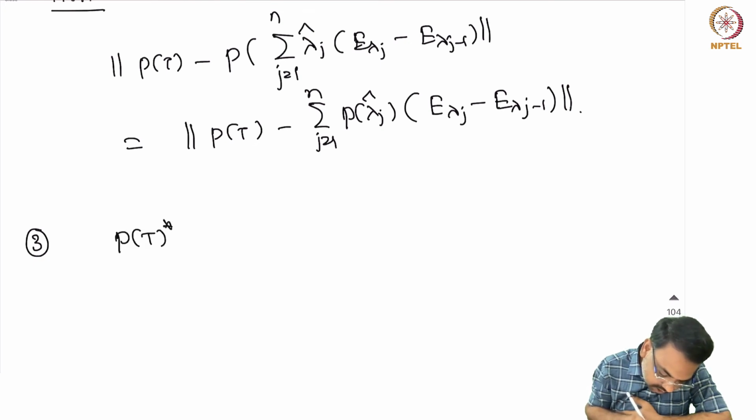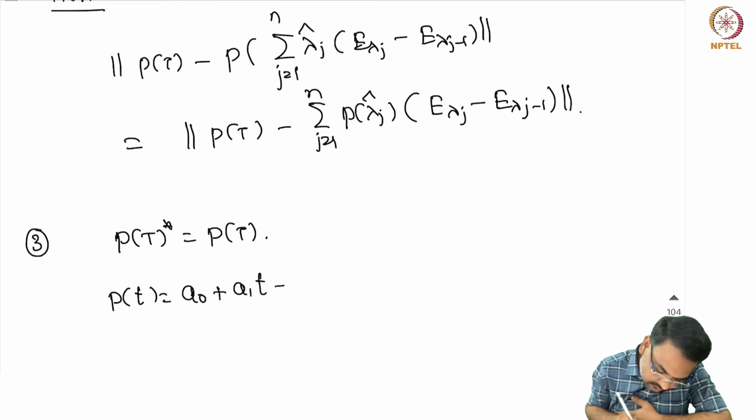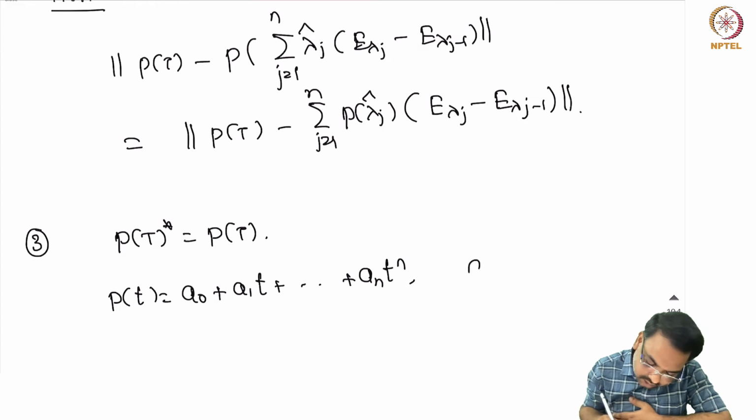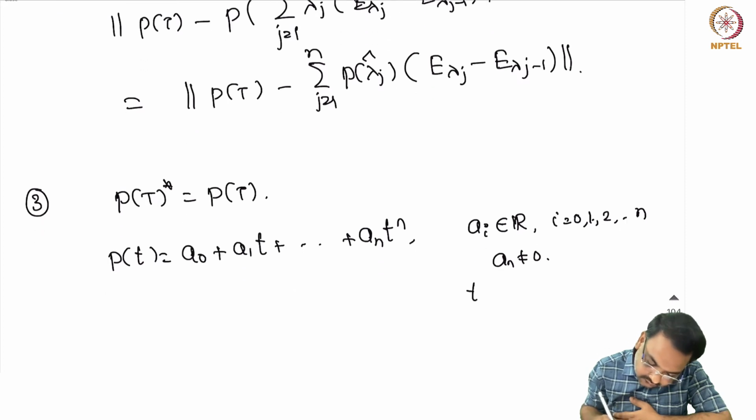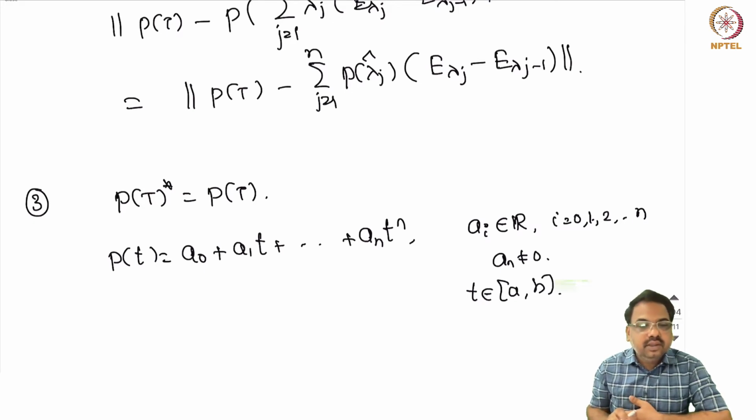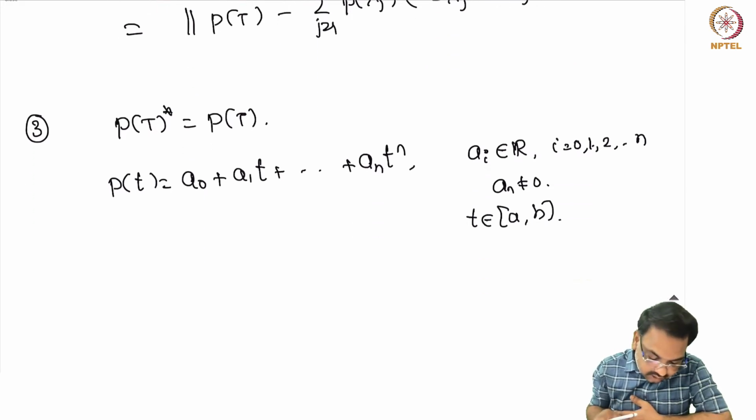This can be easily shown by the definition, because P of T is a0 plus a1 t plus up to an t power n, where these ai's are real numbers, i equal to 0, 1 and so on up to n, and an is non-zero. Now t is a real variable. From this we can easily show that P of T star equals P of T, that is, P of T is self-adjoint.